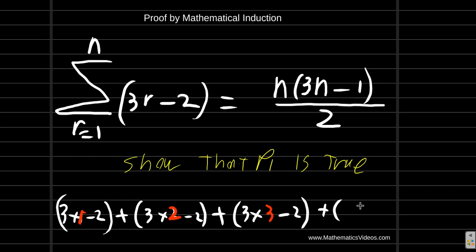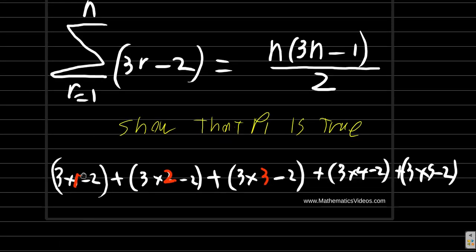Plus, when r equals 4, 3 times 4 minus 2, when r equals 5, plus 3 times 5 minus 2, when r is equal to 6, you would have 3 times 6 minus 2. Notice, it keeps changing. It goes from 1, then 2, then 3, then 4, then 5, then 6.